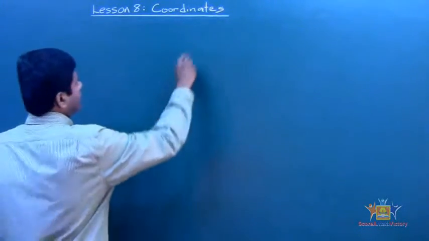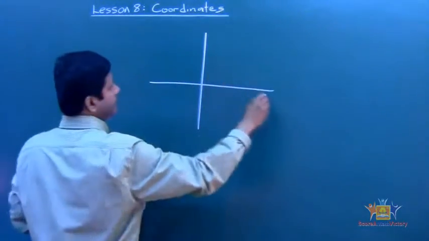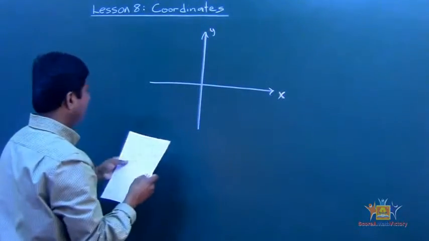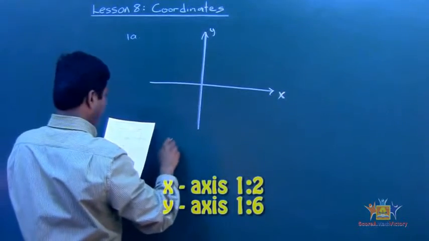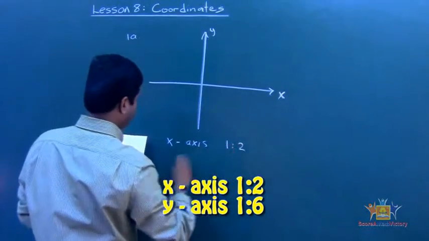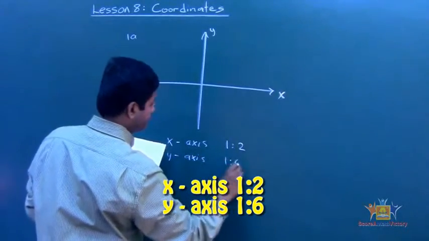So let's do the y-axis and then the x-axis. There's x and that's y, and this is 1a. The scale is given as x-axis is 1 to 2 and y-axis is 1 to 6.